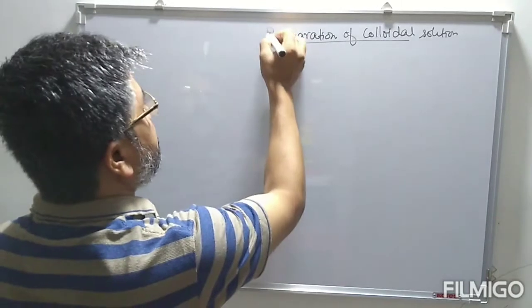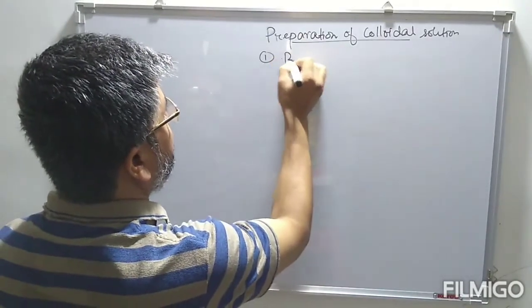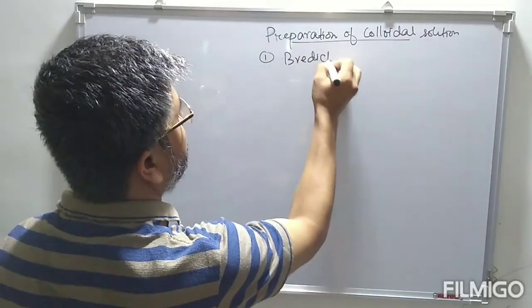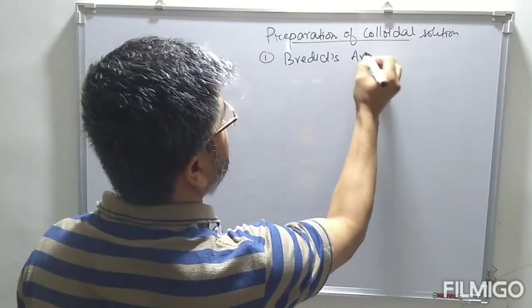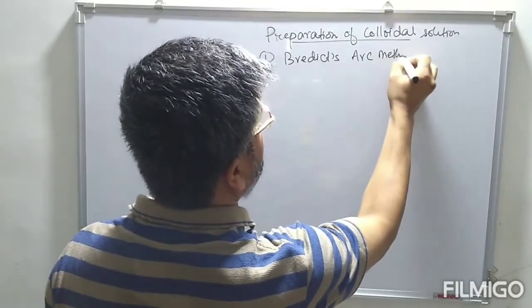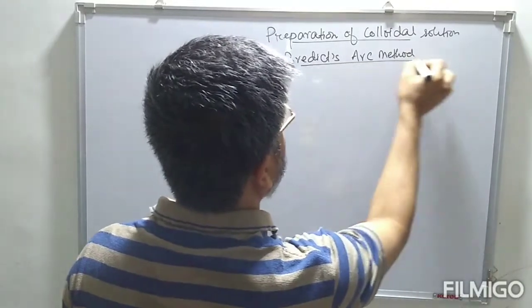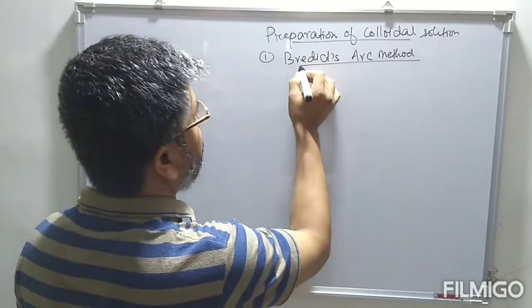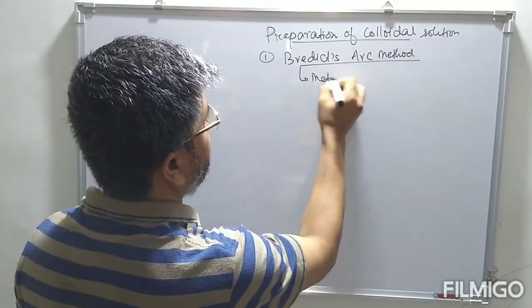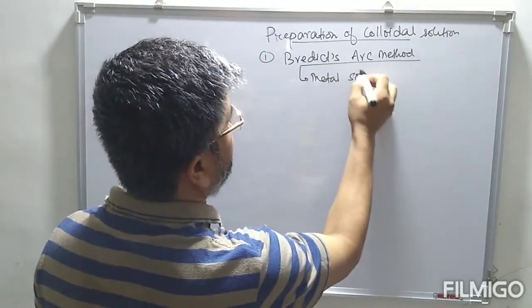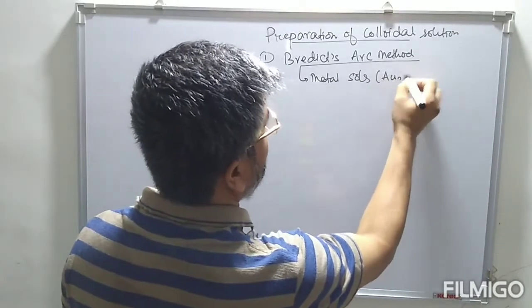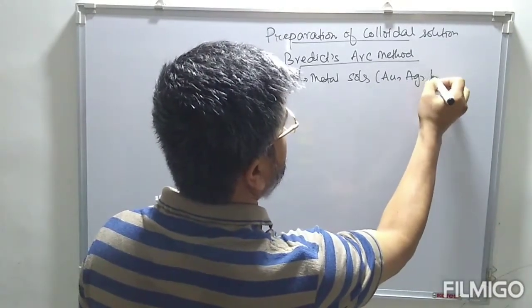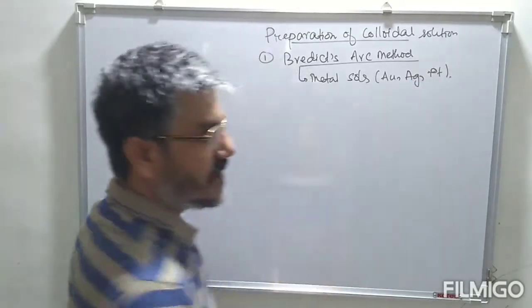The first method is the Bredig arc method. Basically, this method is used for metals like gold, silver, platinum, etc.